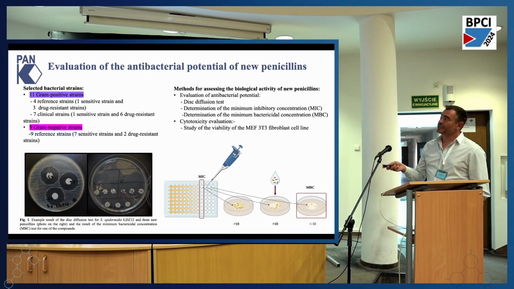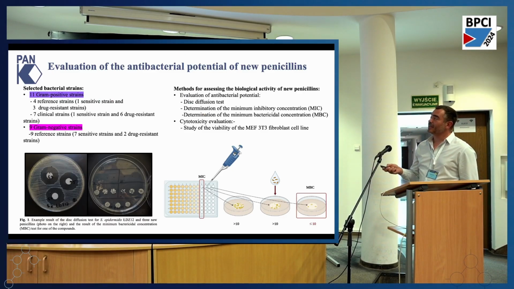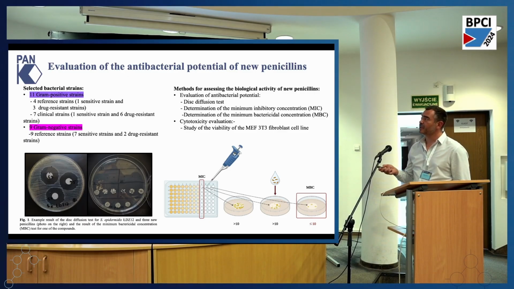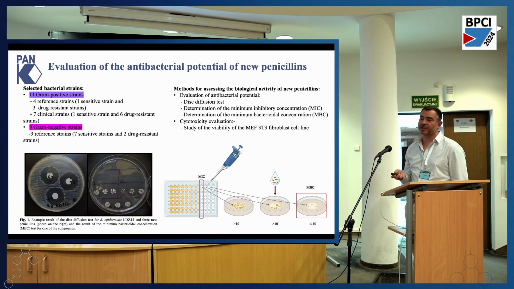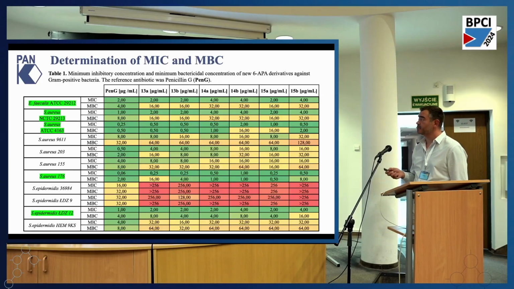And Justyna tested these in two ways. First, she selected bacterial strains in Warsaw, gram-negative and gram-positive strains, from the reference list or some clinical isolates. And also, then she moved to testing the cytotoxicity of those novel beta-lactams.